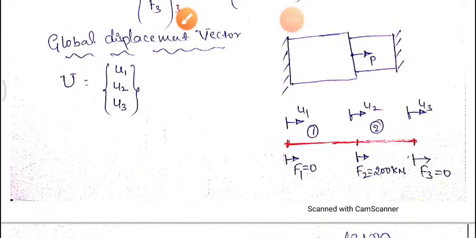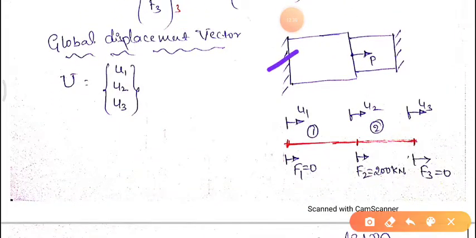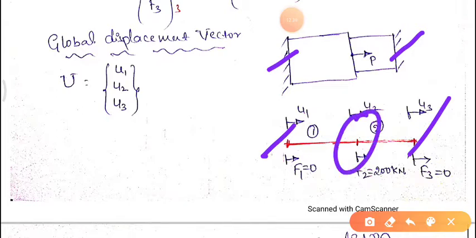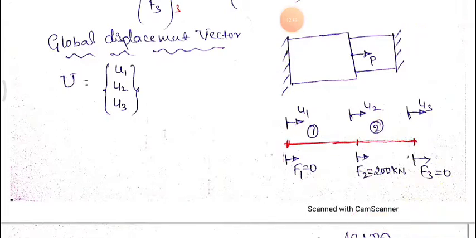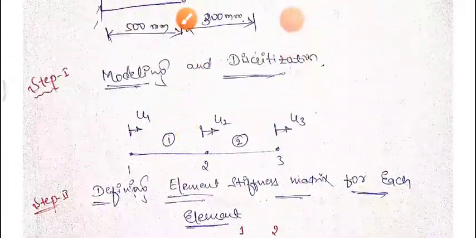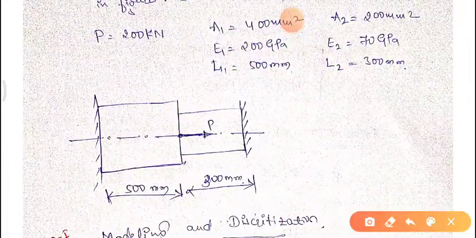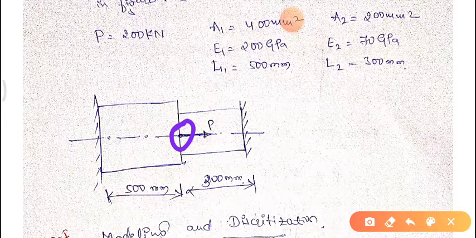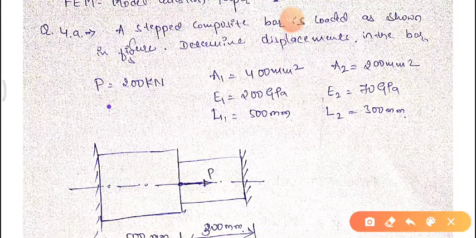At F1 the force is 0, since we don't have any force. F3 is also 0. At F2 the force is given as 200 kilonewton. You can see in this problem, the application of load is here, that is 200 kilonewton.